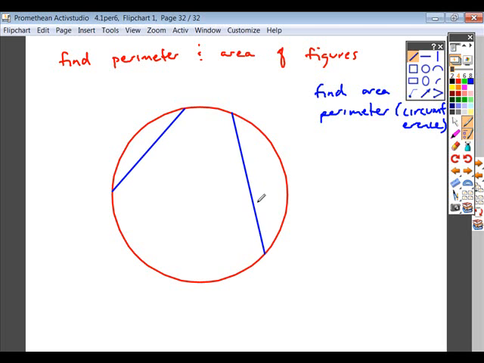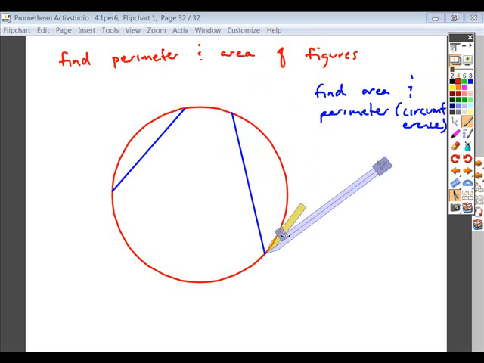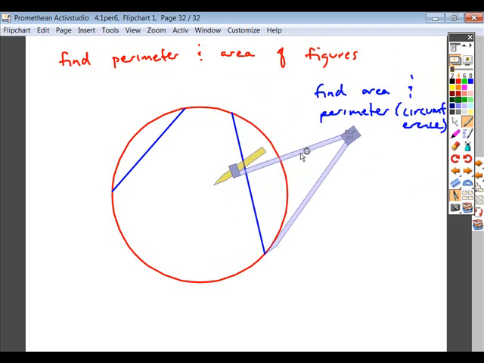What if we just bisected one of these chords? What would happen? You find the middle of that chord, but not the circle.